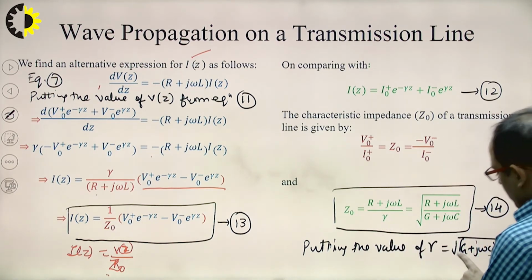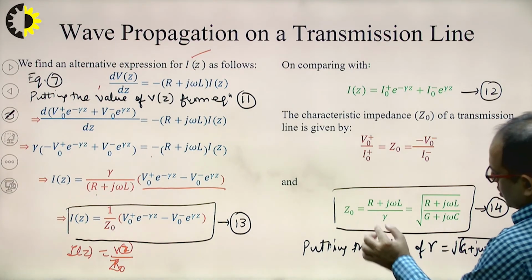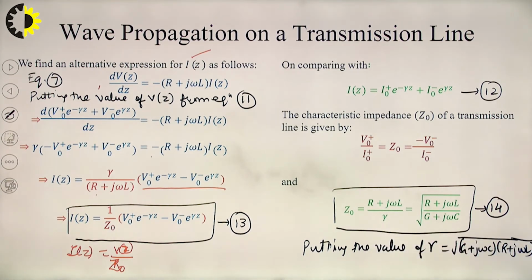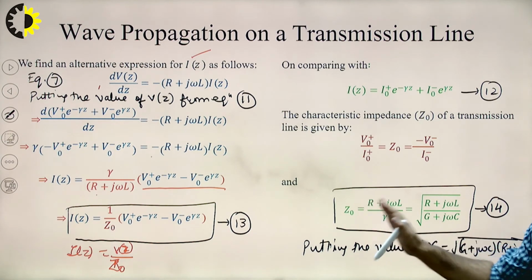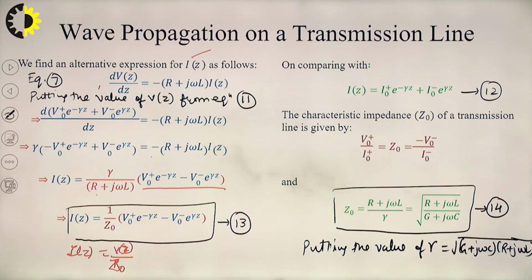Gamma is equal to under root of (G plus j omega C) (R plus j omega L). Putting the value of this one, you will get Z naught, the characteristic impedance of the transmission line, equal to under root of (R plus j omega L) divided by (G plus j omega C). Clear?